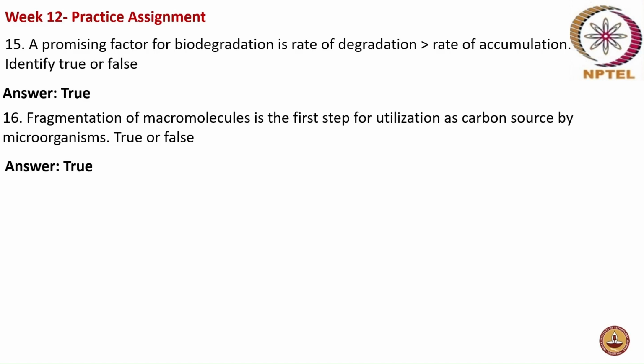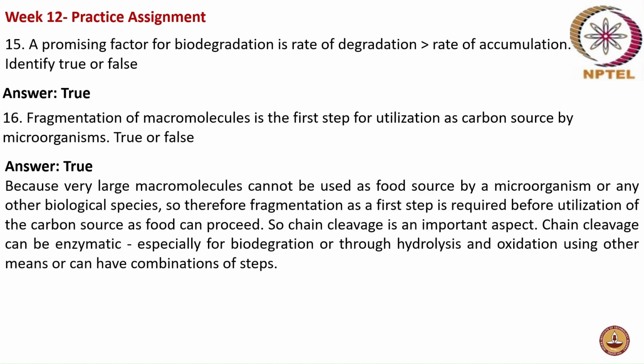Fragmentation of macromolecules is the first step for utilization as a carbon source by microorganisms. Because macromolecules, as the name itself suggests, are very large molecules and they cannot be used as such as a food source by microorganism or any other biological species. So therefore, you have to break it down into smaller entities as a first step before it is being utilized by the microorganism or any other biological species as a carbon source or as a food.